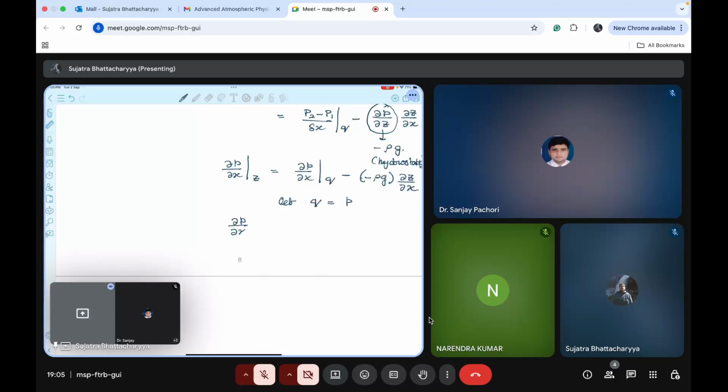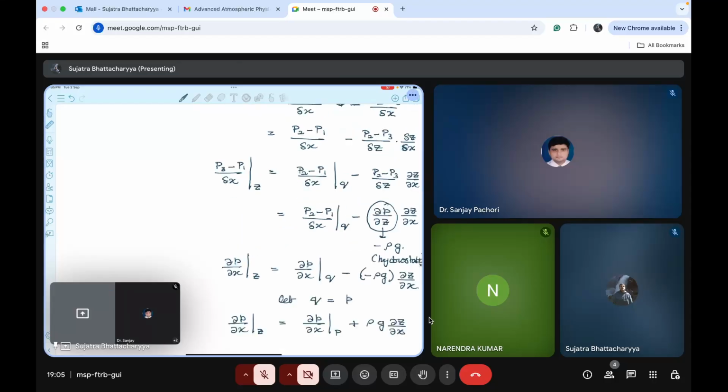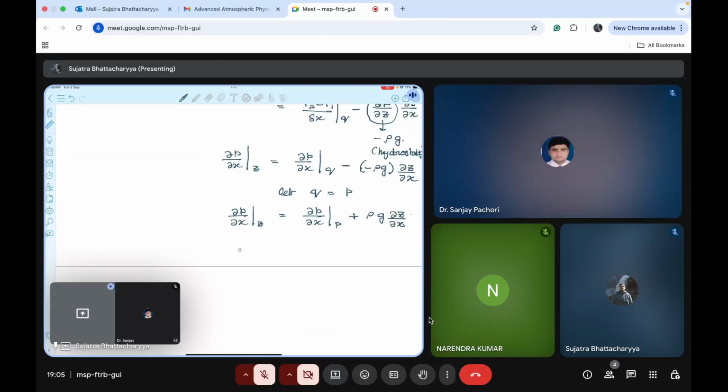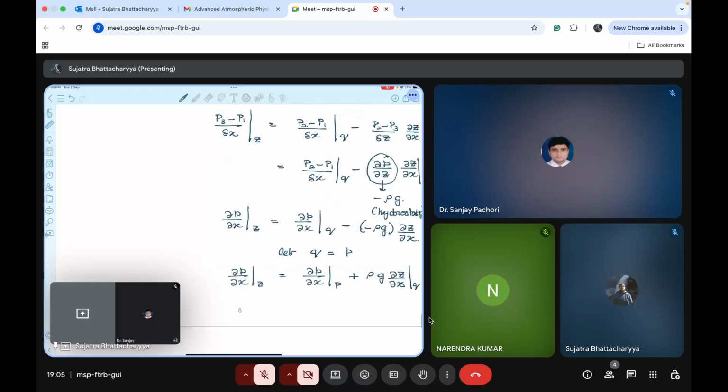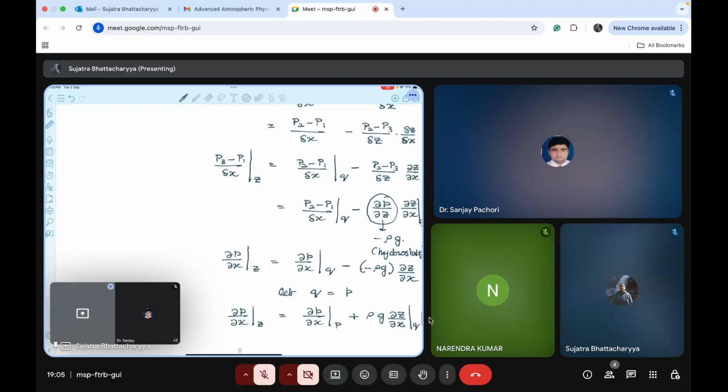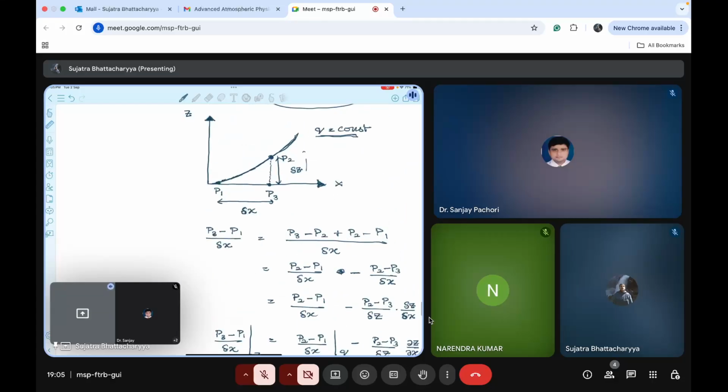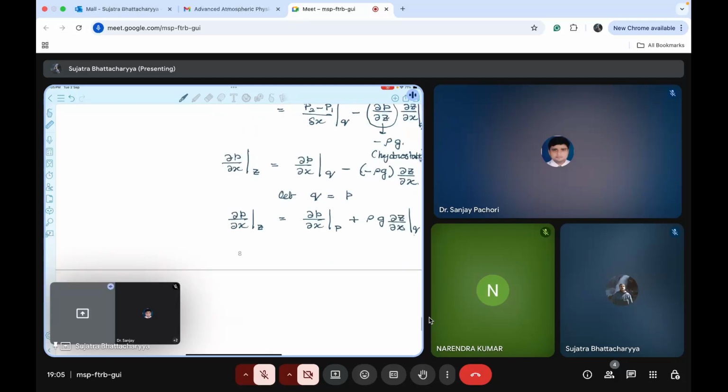Delta P by delta X at constant Z will be equal to delta P by delta X at constant pressure P plus rho g delta Z by delta X. This will also be at constant Q, because as you can see, there is one point which is at Q. So this is also at P.